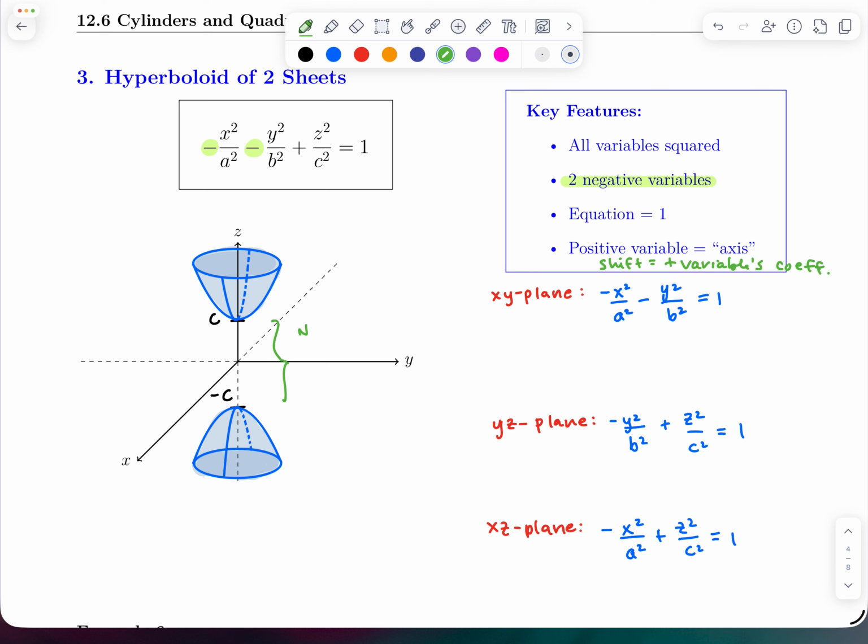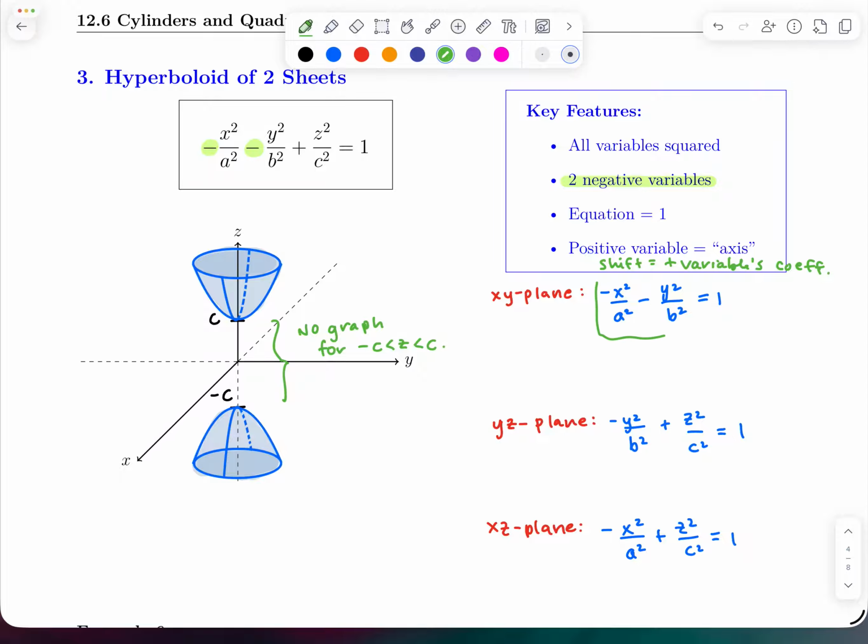So there's no graph for z strictly between plus and minus c, so negative c less than z less than c. What that tells me is that when I set z equal to 0, for example, I shouldn't have any kind of solution to my equation because there's no graph there.